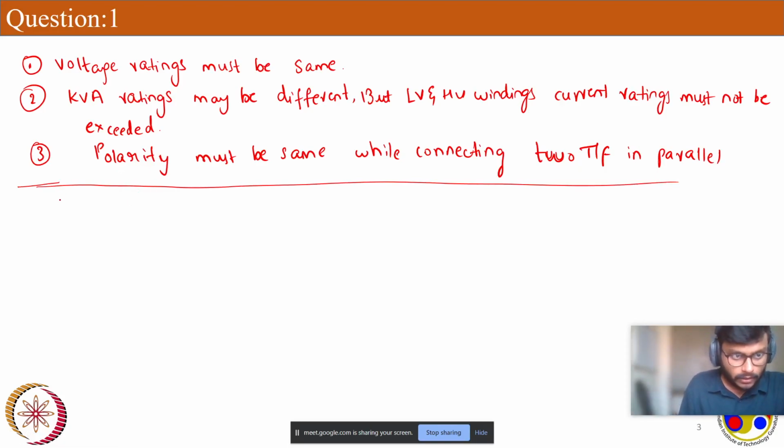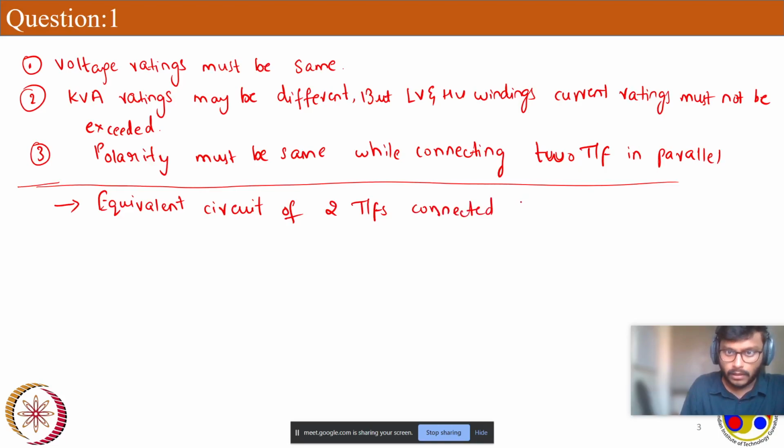So yeah, equivalent circuit of two transformers connected in parallel. I am referring both equivalent circuits to the load side.